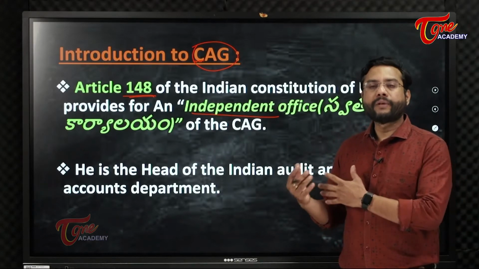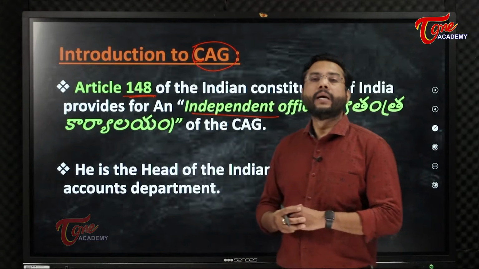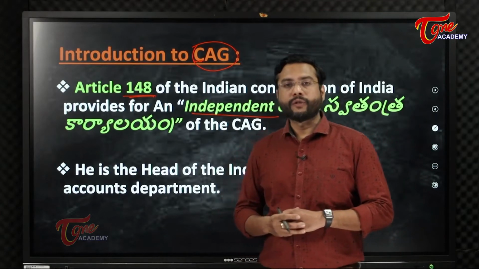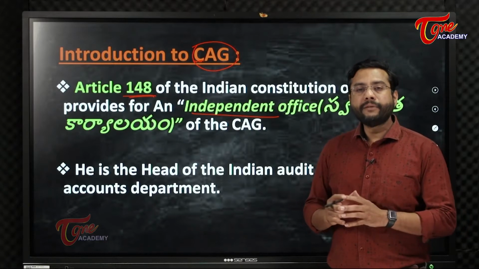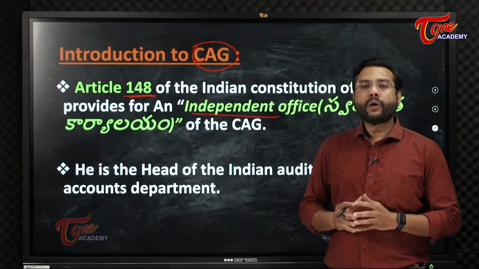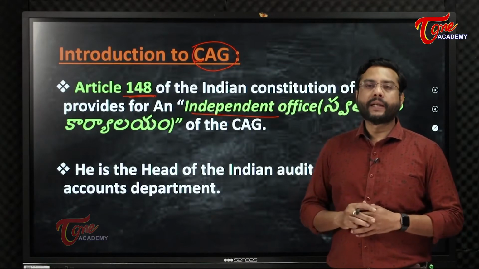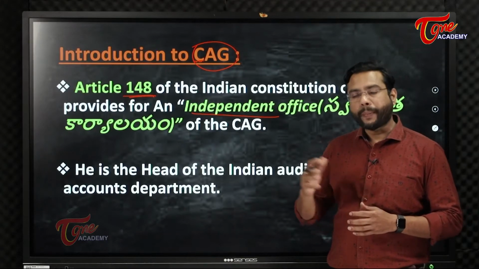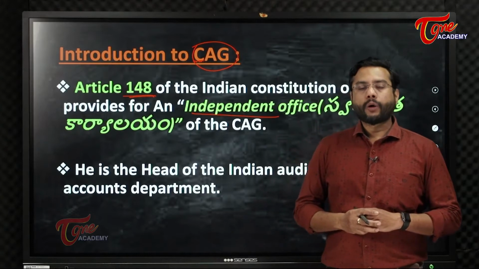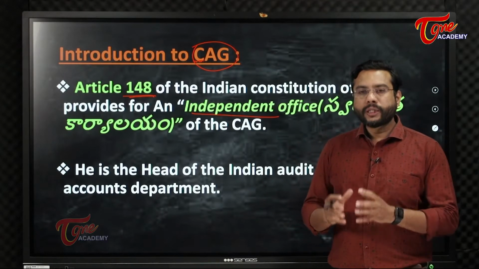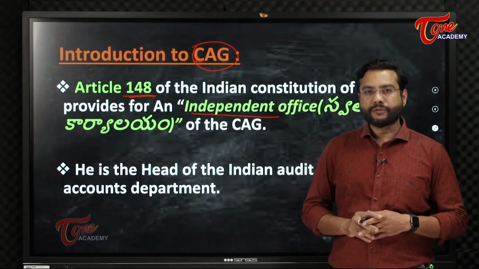There may be a lot of diversions, there may be a lot of corruption regarding the expenditure of the government on various policies and programs. So here the CAG will ensure that all those funds generated by the government or spent by the government reach that program or policy. There is no chance of diversion of such funds.